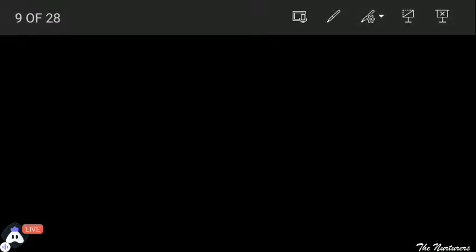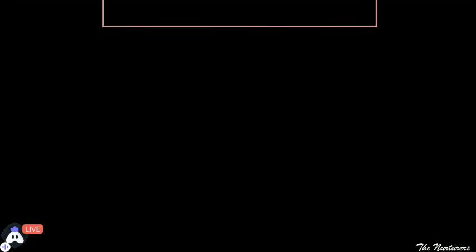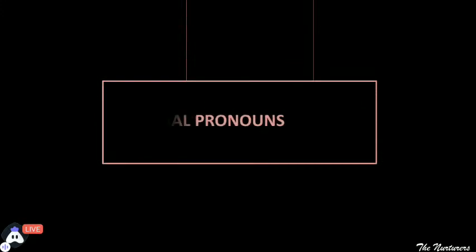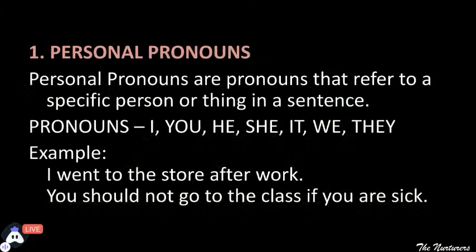We'll be talking about different types of pronouns one by one, and the foremost is the basic, that is the personal pronouns. These are the pronouns that refer to a specific person or thing in a sentence.